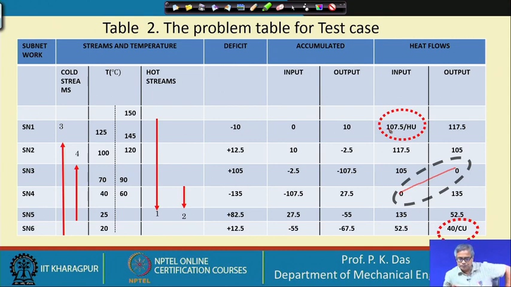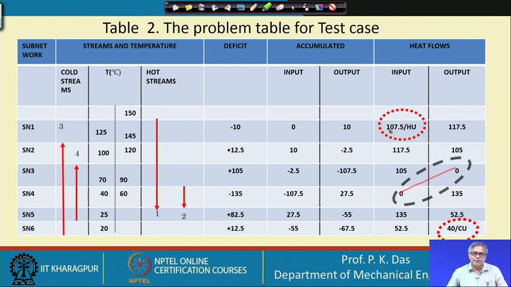How much heat flow? 110 minus 107.5, that will be 2.5 kilowatt of heat flow across the pinch point, and ultimately your cold utility will increase to 42.5 kilowatt. So, basically you are getting a double penalty.